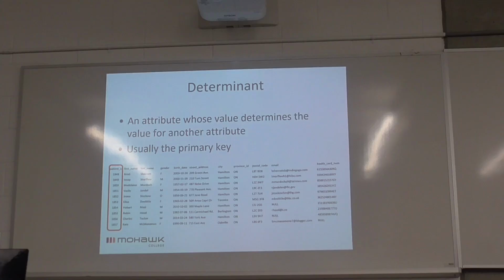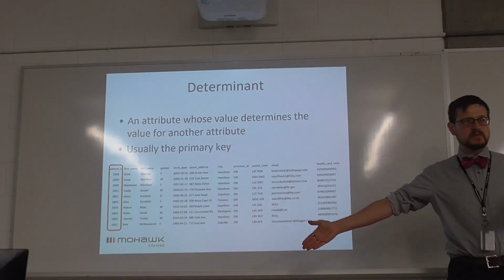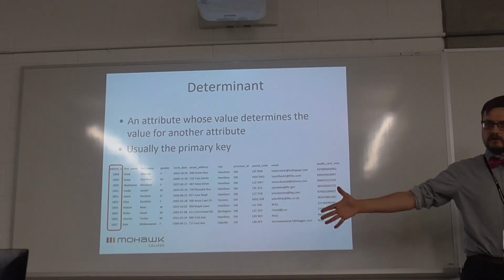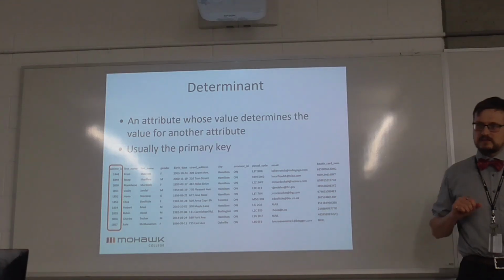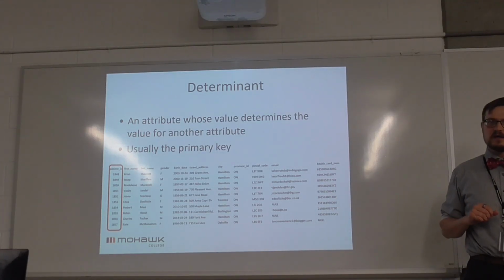That's very useful information to have in the table, but each department only gets one, and it's unique for that department. So, in a sense, the primary key determines the room number for that department, right?